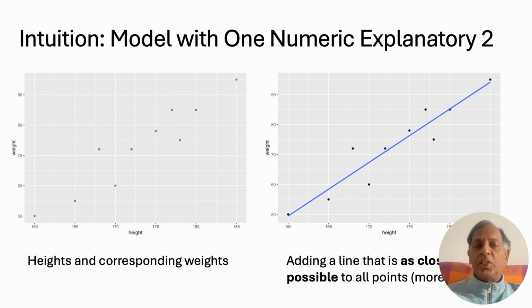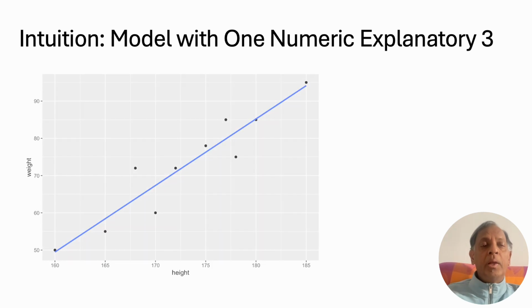Once again, this notion of what is most close, we'll talk about it shortly. But we pick the line that goes as close as possible to all of the points. No other line can be as close as possible to all of the points. This is the line that is absolutely closest, and we call that the model that we are building.